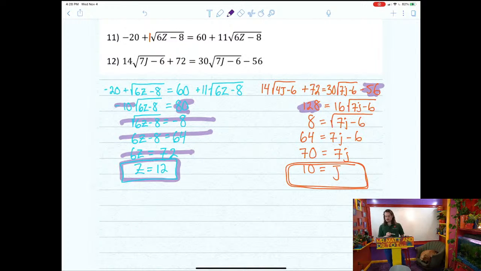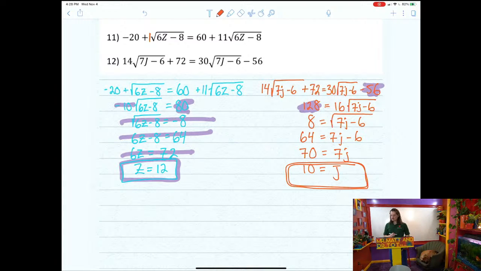And then when I subtract 14 root 7j minus 6 from 30 root 7j minus 6, excuse me, I wrote 4j there by mistake. My apologies. This should be 7j minus 6, because they have to have common radicands to do any addition or subtraction. When we subtract there, we get 16 times the square root of 7j minus 6.